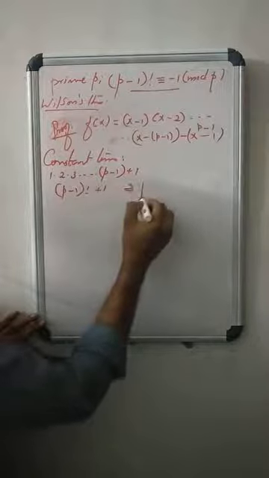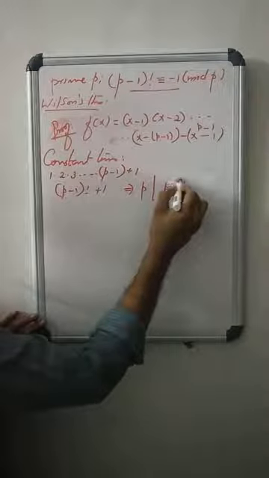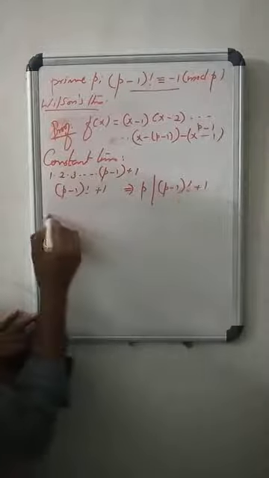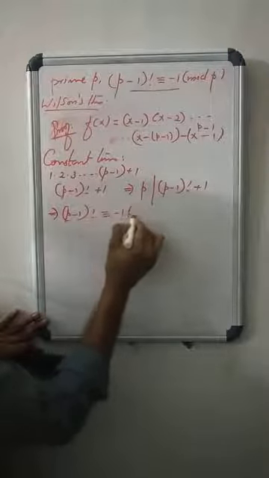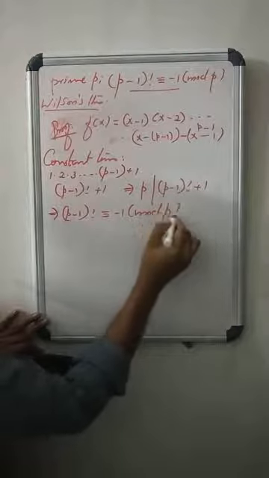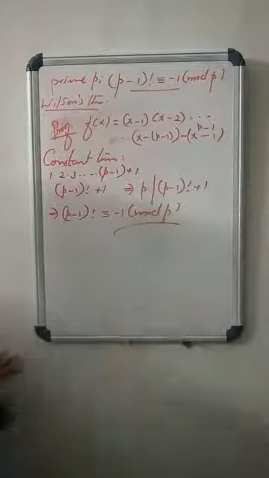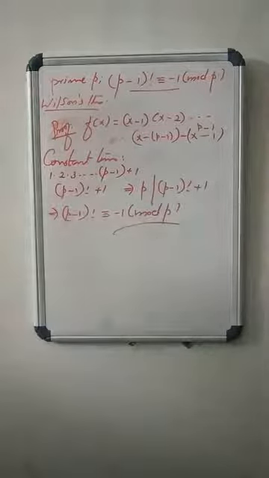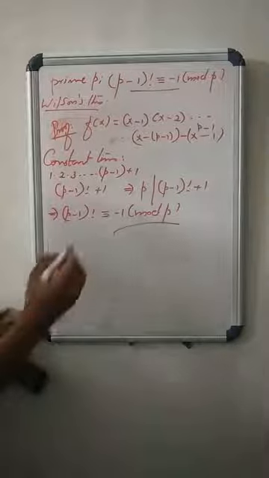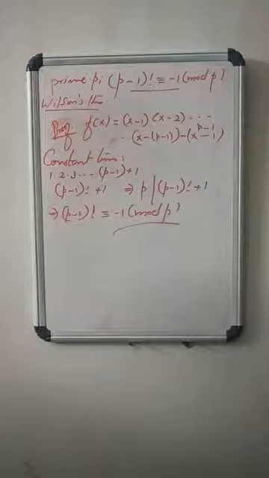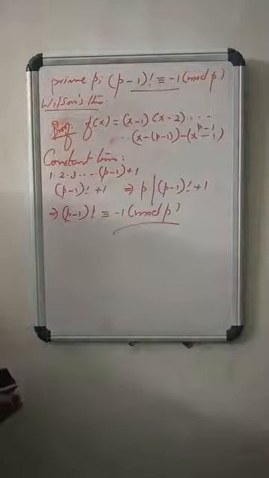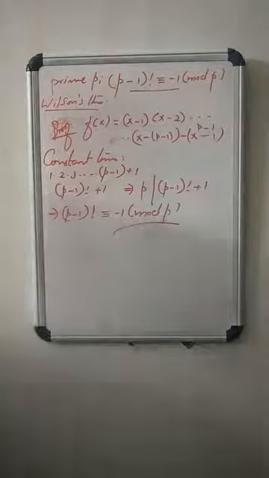So p must divide (p-1)! + 1. That means (p-1)! + 1 is congruent to 0 mod p, so (p-1)! is congruent to -1 mod p. This is Wilson's theorem, which heavily depends upon the theorem already stated.